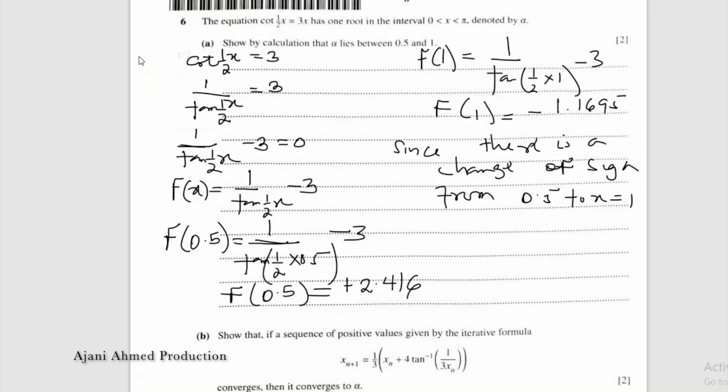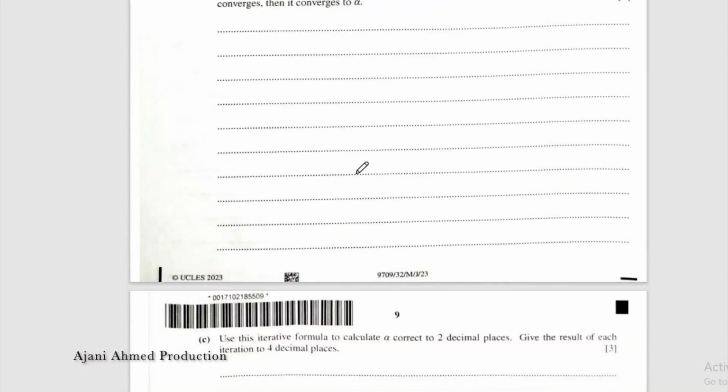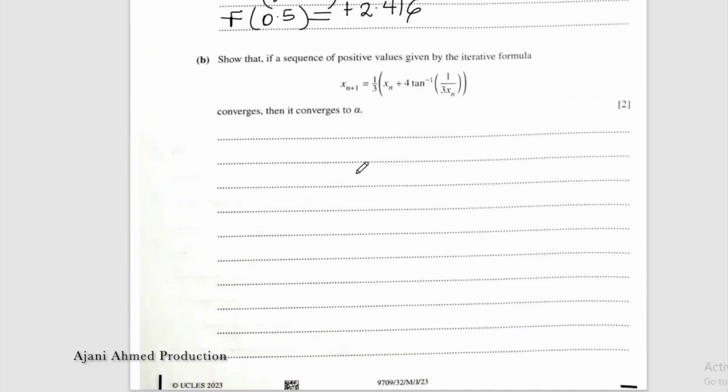Our next question is: show that if the sequence of positive values given by the iterative formula converges, then it converges to alpha.